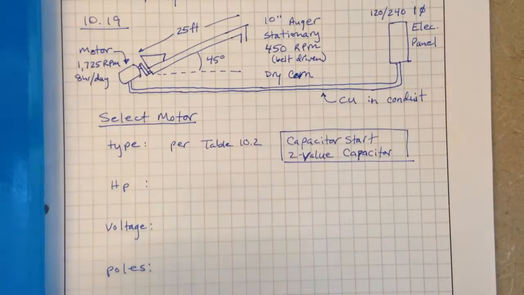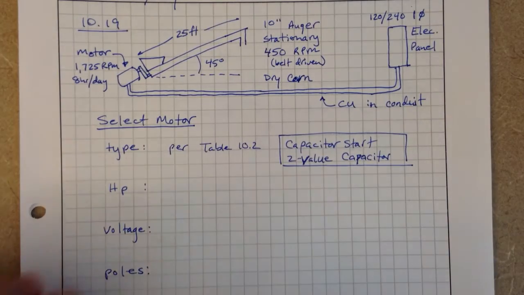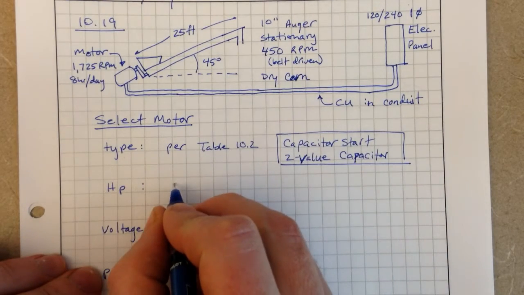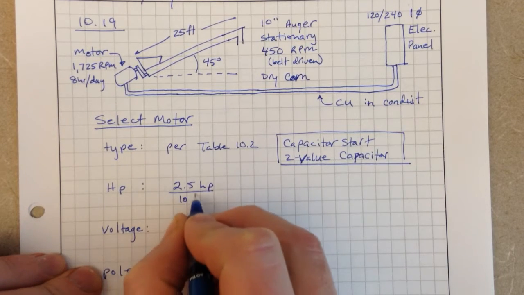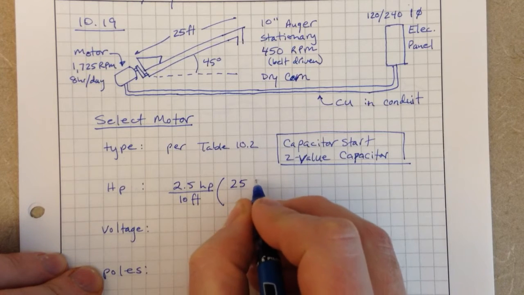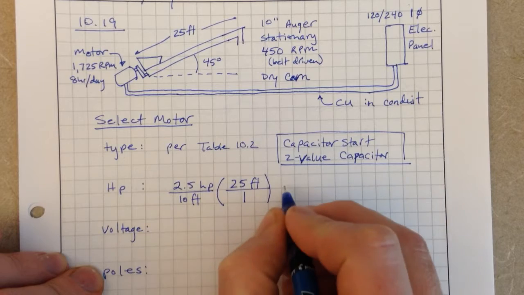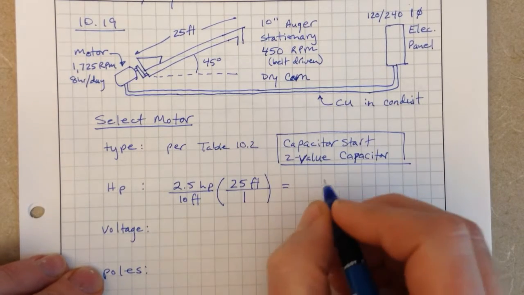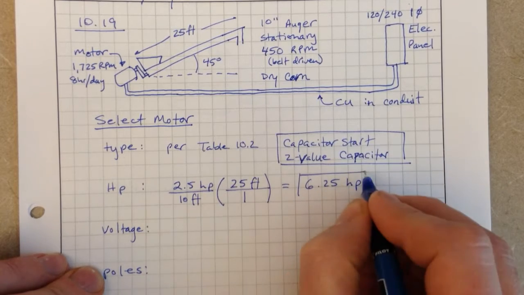So if we turn back to our problem here, we would take 2.5 horsepower per 10 feet times our 25 feet of auger length, which will give us 6.25 horsepower.